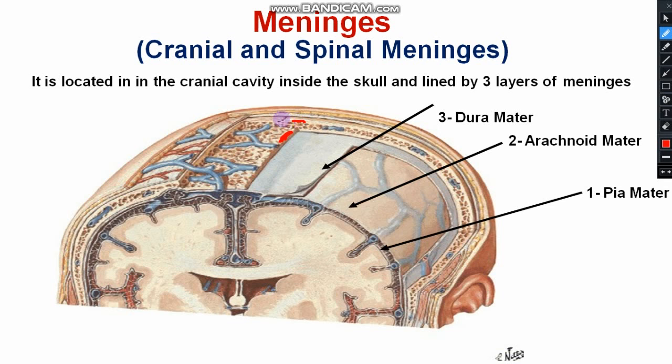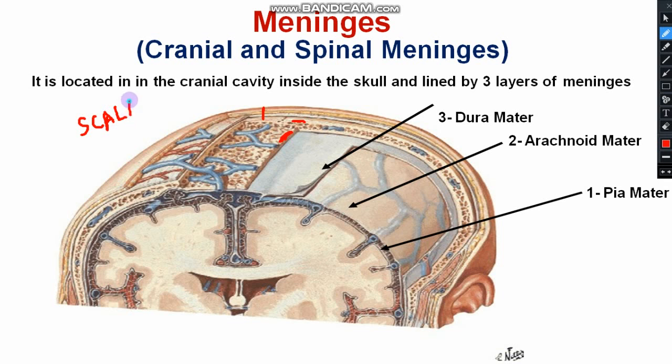Then over this outer table of the skull bone we can see the arrangement of the scalp. You have already gone through the lecture on the scalp.